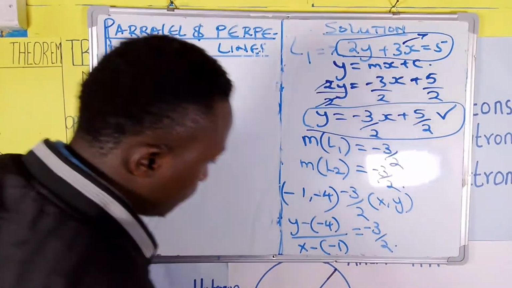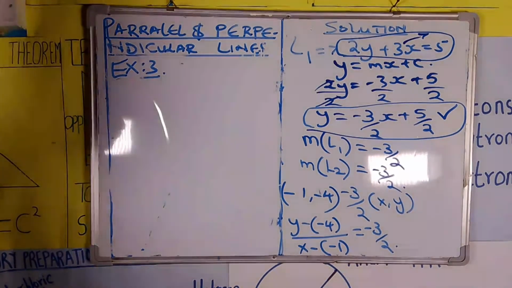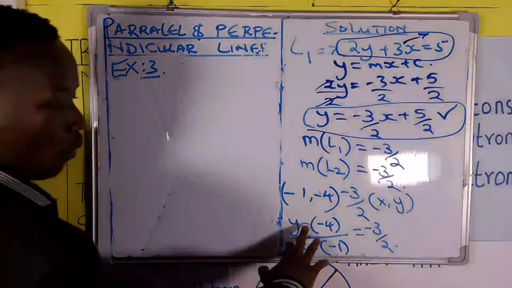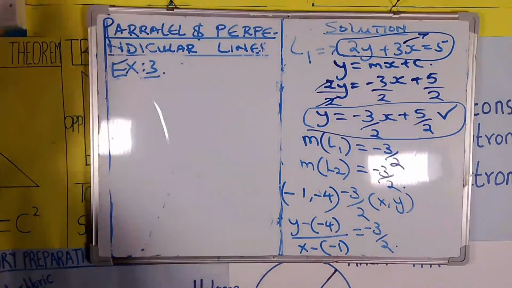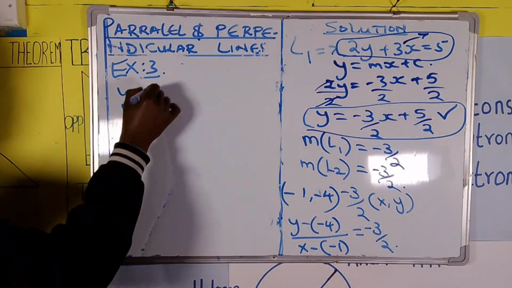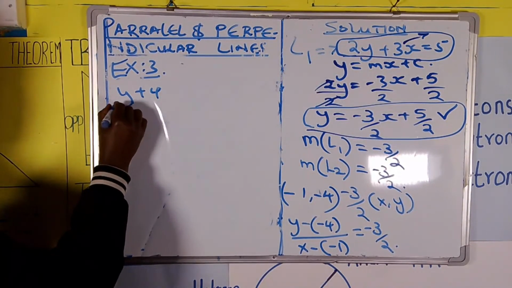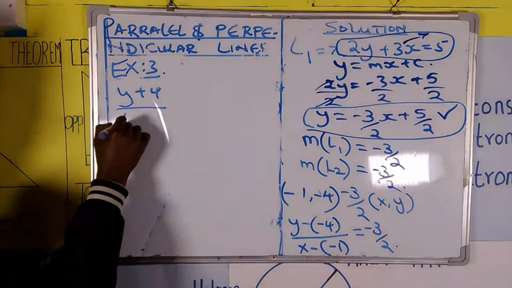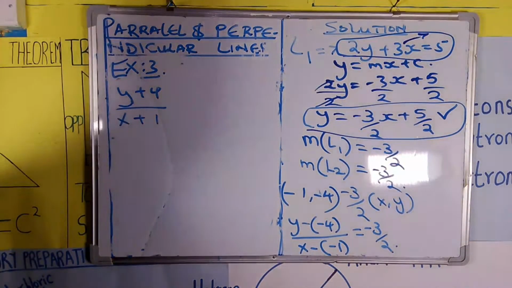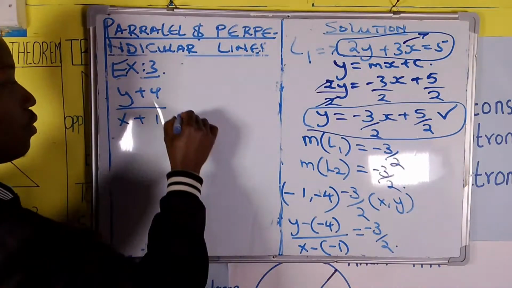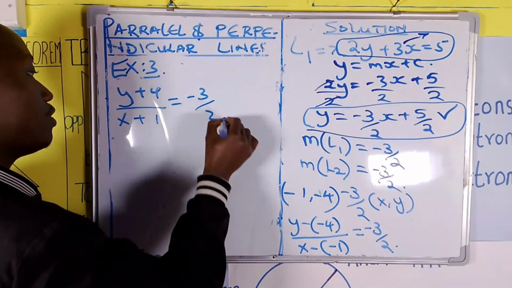So y minus minus 4 simply means y plus 4, over x minus minus 1, which simply means x plus 1, is equal to negative 3 over 2.